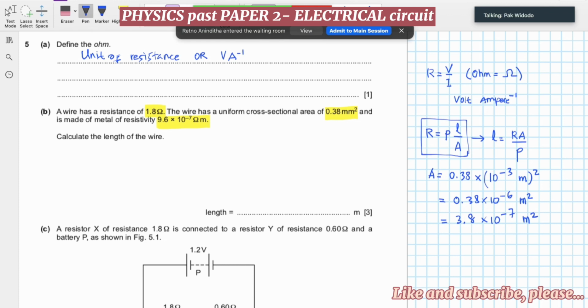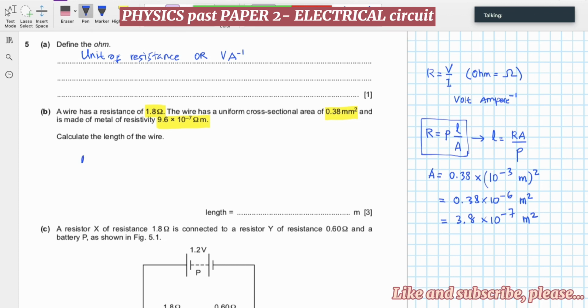So from this, length equals rho, which is 9.6 times 10 to the power minus 7, then A, sorry, A is 3.8 times 10 to the power minus 7.